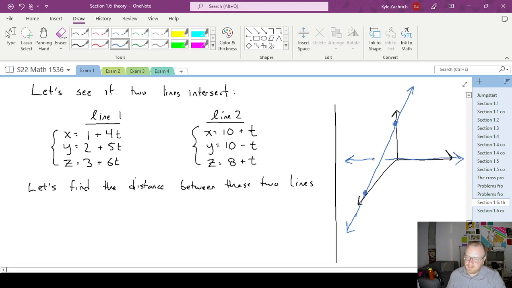Right. So these two lines, even though visually we can see some overlapping here, if you can picture the same thing I'm picturing here, x, y, z, right? These lines are skew. So skew means they are not intersecting, and also not parallel.